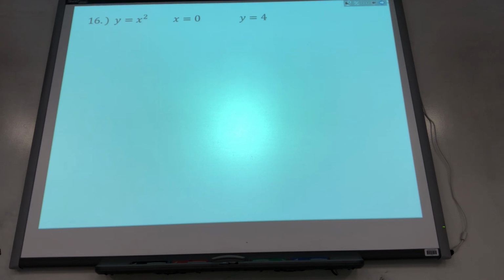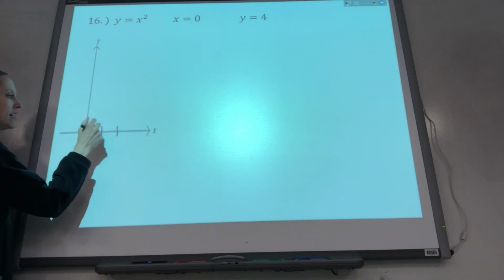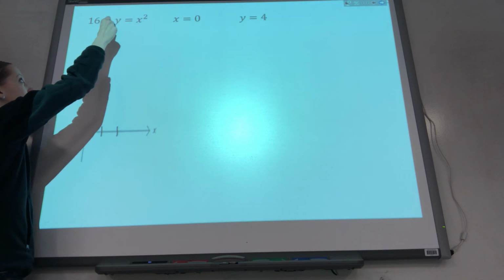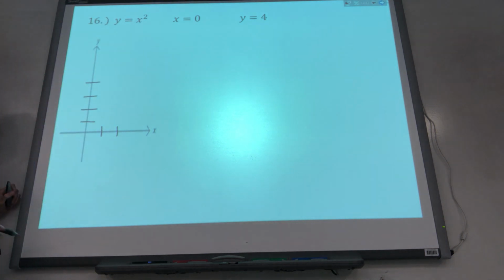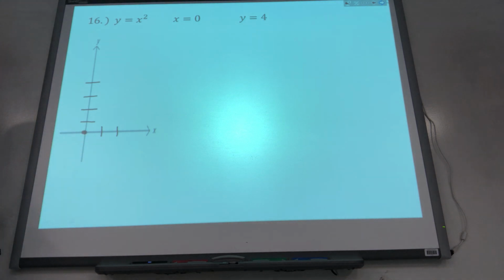Here it is, last one, number 16. Y equals x squared, x equals 0, and y equals 4. I like the fact that they have y equals out front, especially this one, while I'm graphing, because then I know exactly what it looks like.